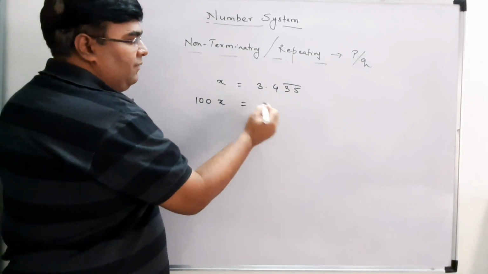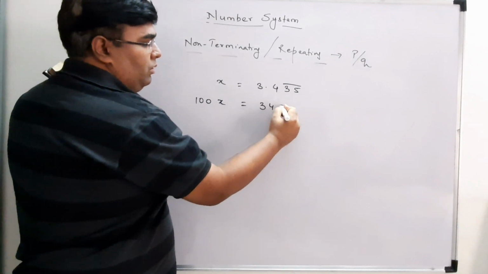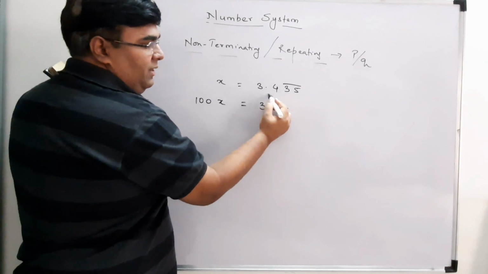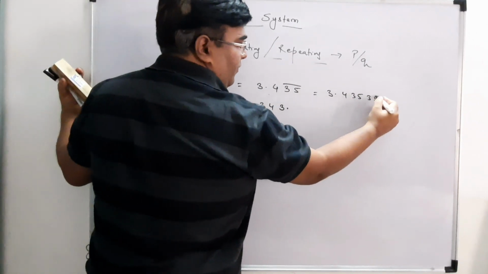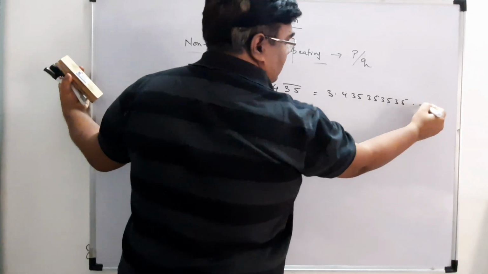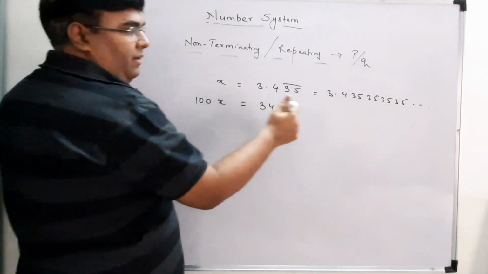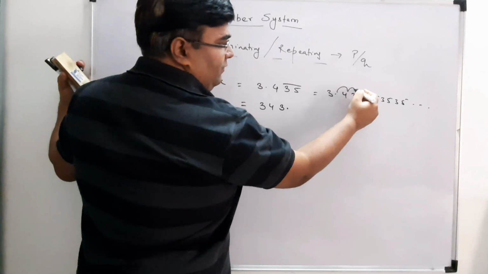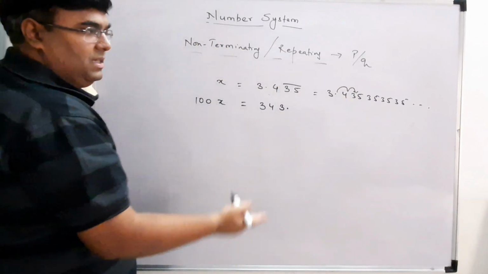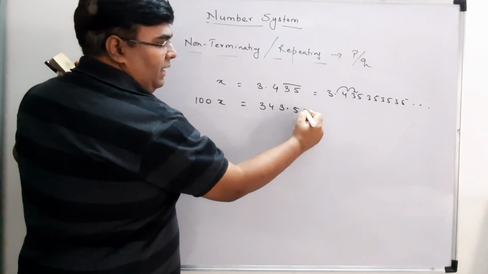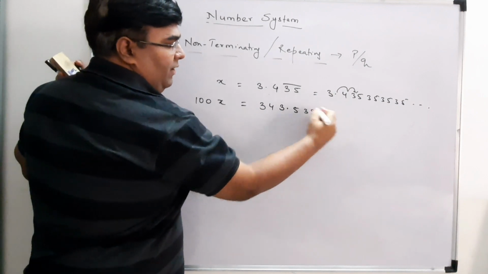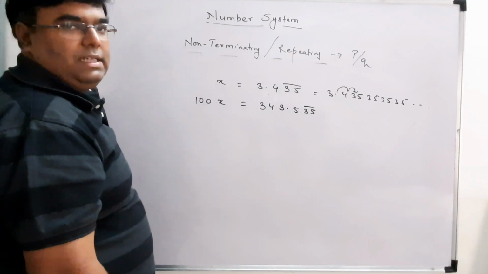So 100x will give you 343 point, the decimal will be shifted. See, this number is 3.435353535, like this. So if you multiply it by 100, your decimal will shift two places. So you will get 343.5353535, like this.